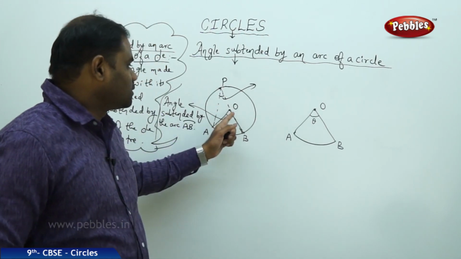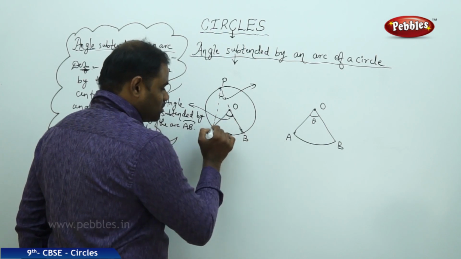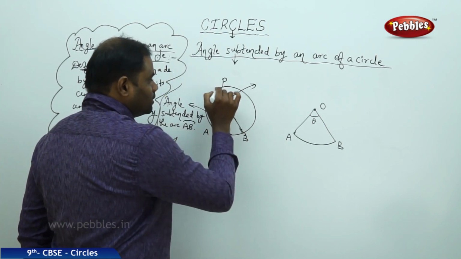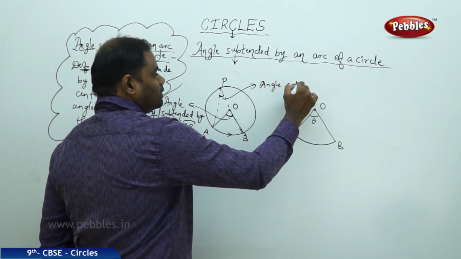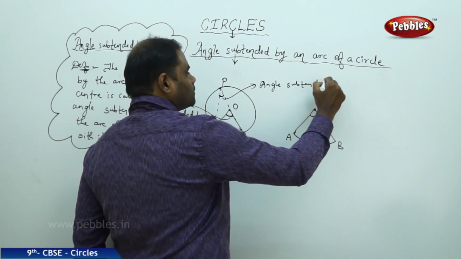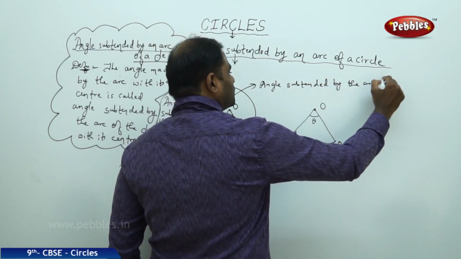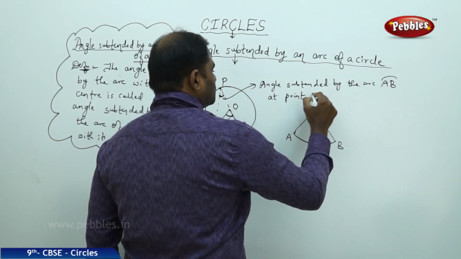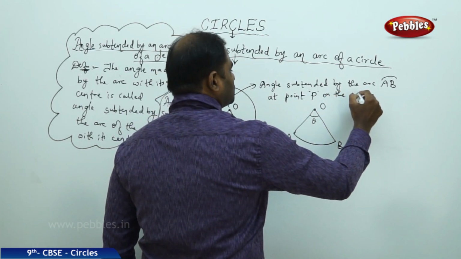P is the point here and O is the point here. Here is the angle subtended at O by the arc AB, and here is the angle subtended by arc AB at P. So this angle refers to the angle subtended by the arc AB at point P on the circle.